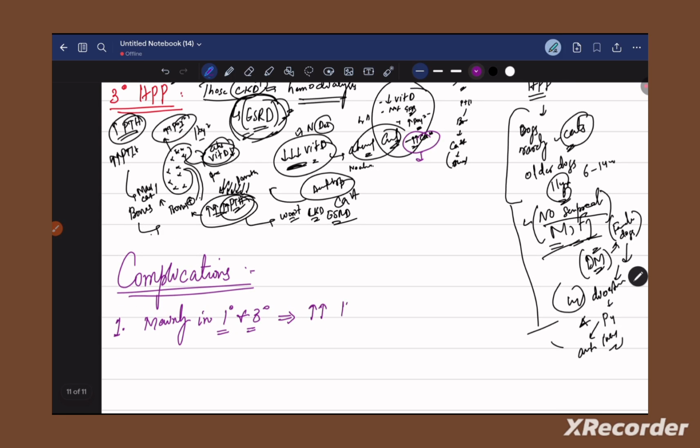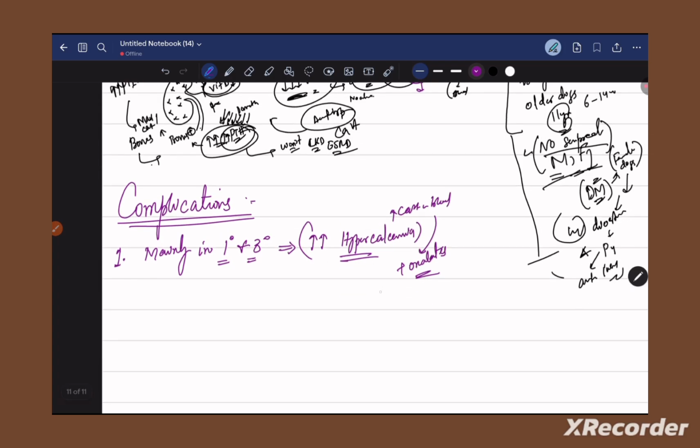Whenever there is hypercalcemia, mainly in primary and tertiary, the increased calcium in the blood binds with the oxalates. It will lead to formation of calcium oxalate calculi, so there will be urolithiasis.